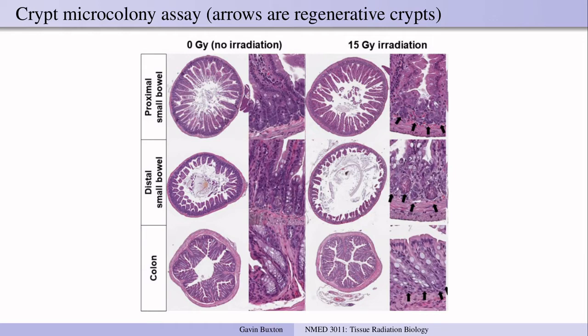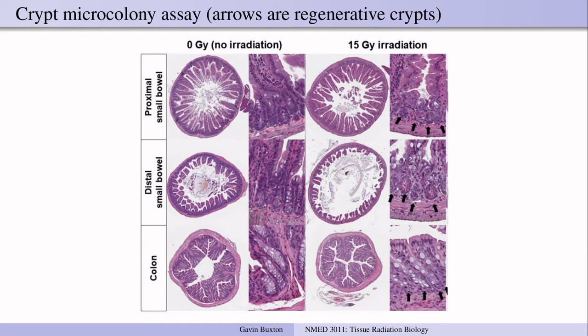The crypt numbers in the irradiated samples tended to be diminished, and they could use this then to quantify the different radiation sensitivities of those cells. And these cells can then be used for other cytotoxic agents, and used to investigate potential agents for maybe protecting these cells, right?